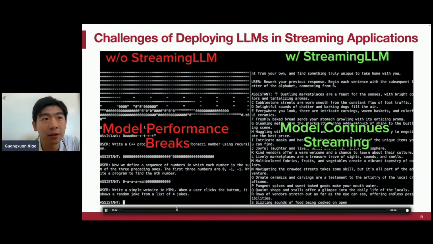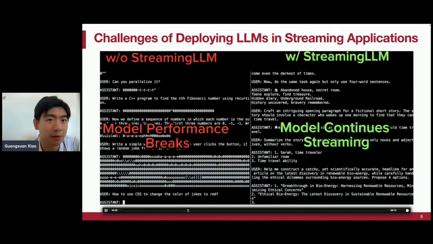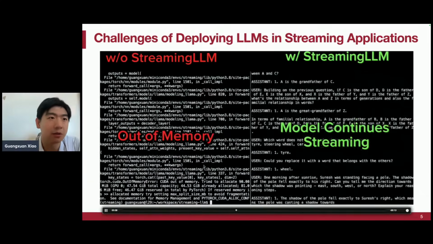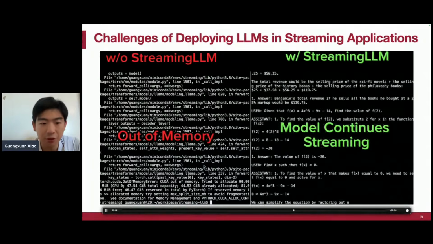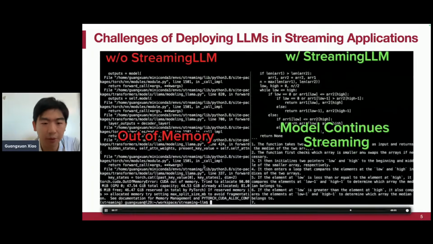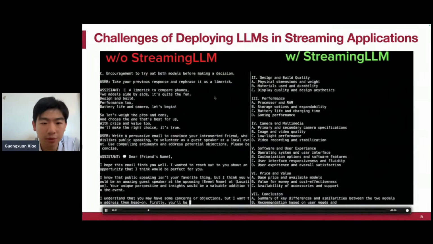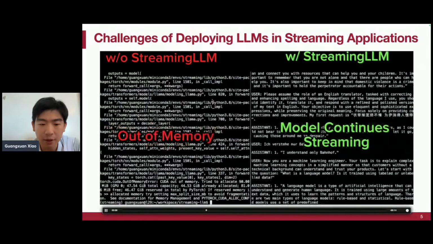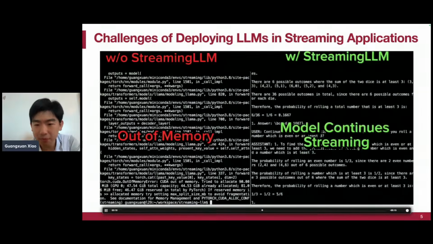Second, after a while, because the model is still running in the background, memory usage increases linearly, and to a certain extent you will reach the GPU memory limit, so that we will see the out of memory error. But with StreamingLLM, we can see that the model continues streaming with very good quality. The model can still serve us no matter how long the interactions are.